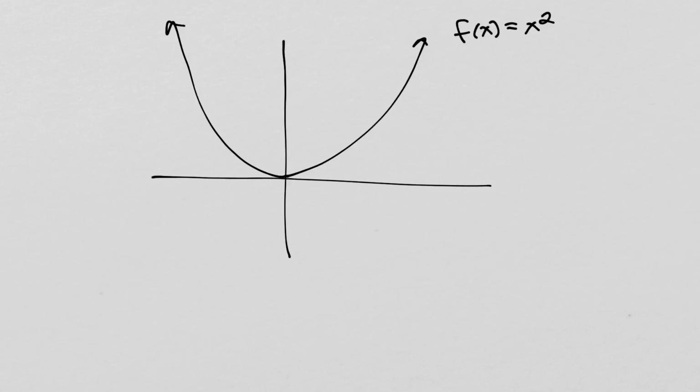But what we can do is restrict our domain. Right now, the domain uses all of the real numbers, so everything from negative infinity to positive infinity. In order to see if this actually has an inverse, we can do what's called restricting the domain. And what this means is don't use everything, just use a part of it.